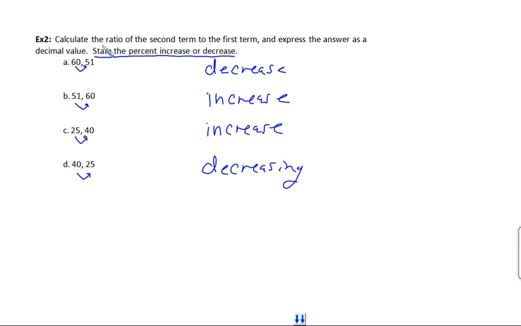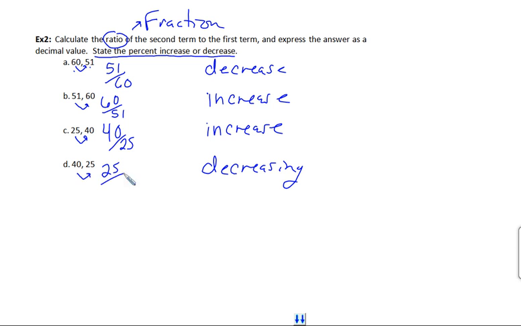Okay? So when you're finding the ratio just means a fraction. Okay? So we're going to take the second term and divide it by the first term. So 51 divided by 60. This one will be 60 divided by 51. 40 divided by 25. 25 divided by 40.